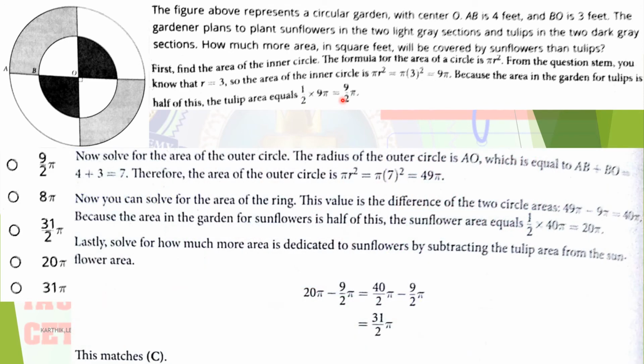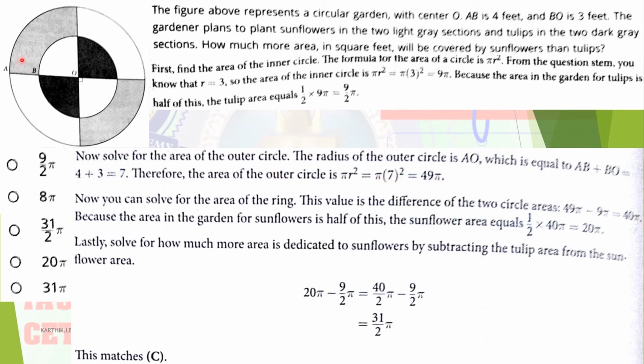Next, how to find the outside area? First find the outside circle area, the total circle area. AB is 4 and BO is 3. 4 plus 3 is 7. So 7 is the radius from A to O. Pi r square is the circle formula, so you will get 49 pi.